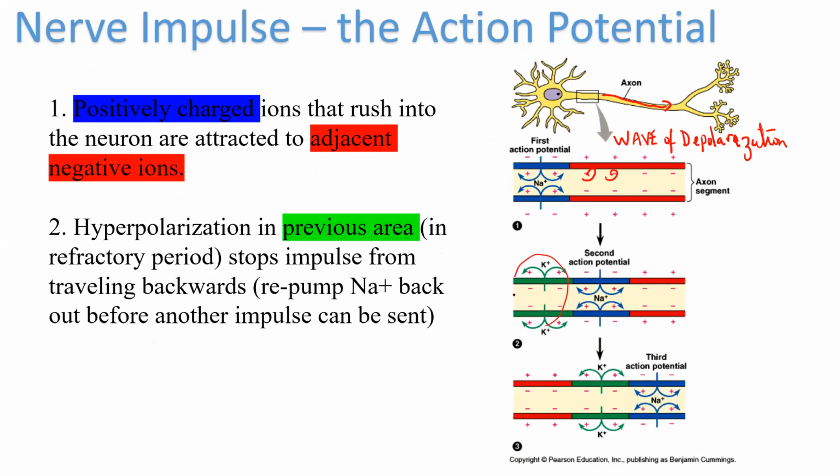So the wave of depolarization occurs this way because all this state over here is still depolarized, whereas this stage here is in a refractory period. So it can't fire. So the wave of depolarization has got to only move this way.